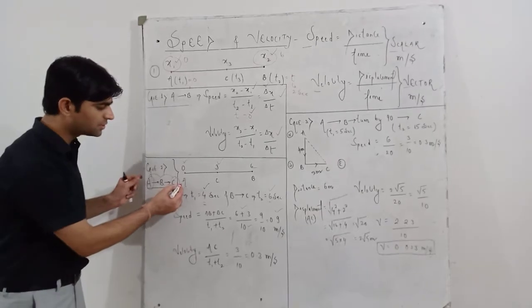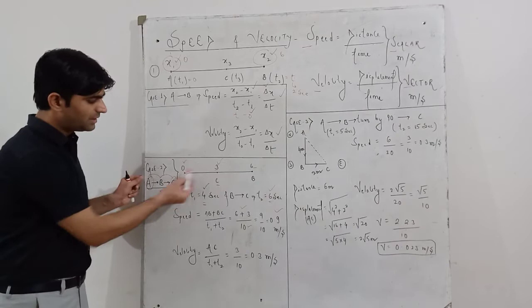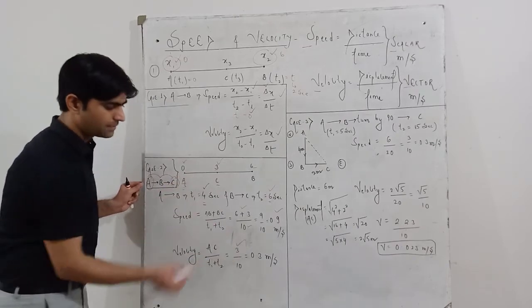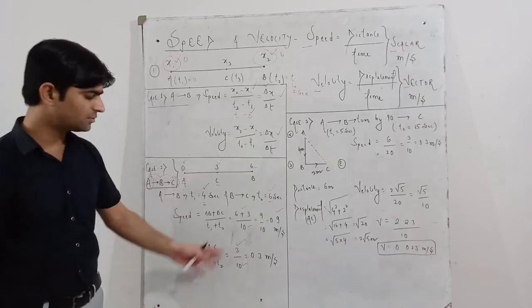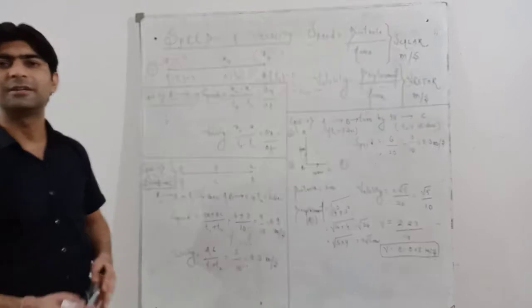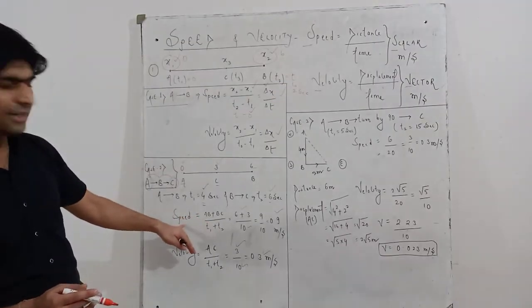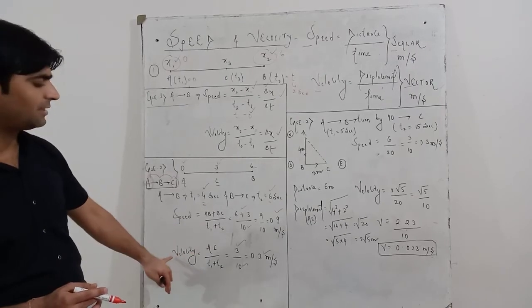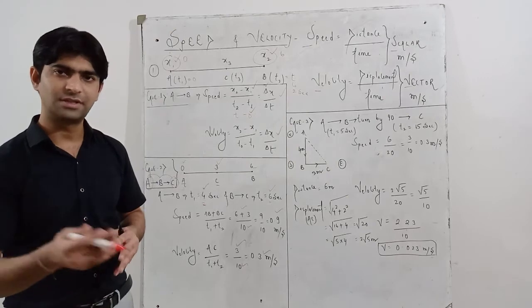So what is the shortest route between A and C? CA. So 3 minus 0, that is 3, upon total time, which is again 10 for the complete journey. So 3 upon 10 is 0.3 meter per second. So if you see here, the magnitude of speed is greater than the magnitude of velocity, similar to distance and displacement.